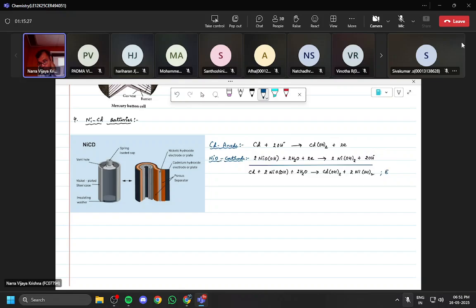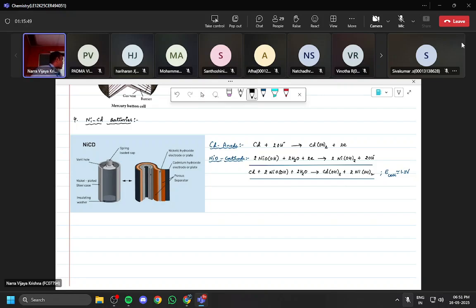Approximately 1.2 volts. This is the nickel cadmium cell battery, right? Now, how does this look? Observe this image. It is separated by layers.